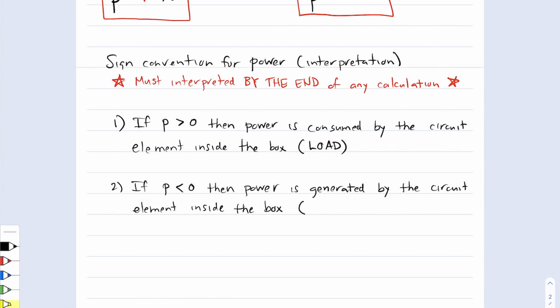And in the jargon used by electrical engineers, this is known as a source.